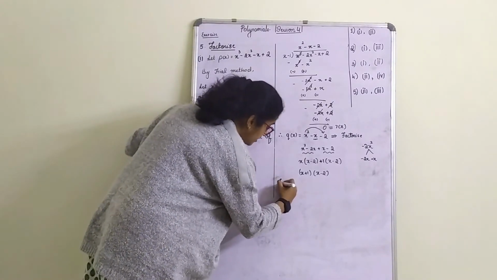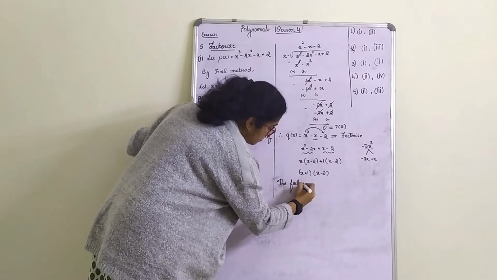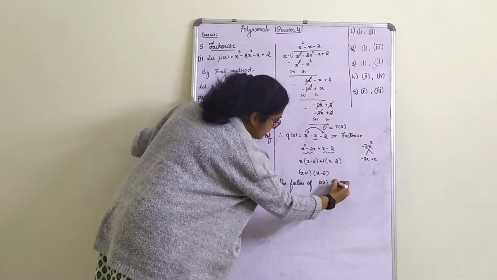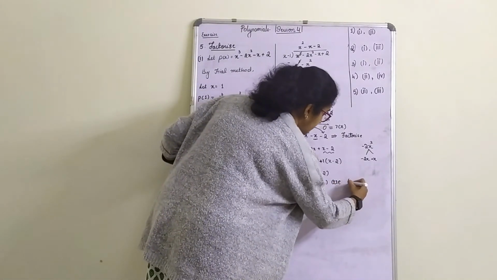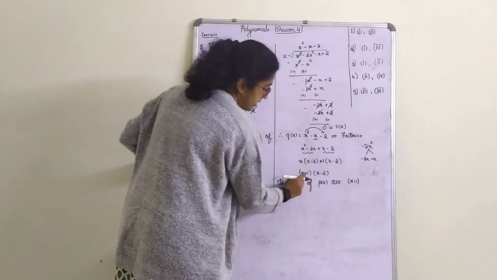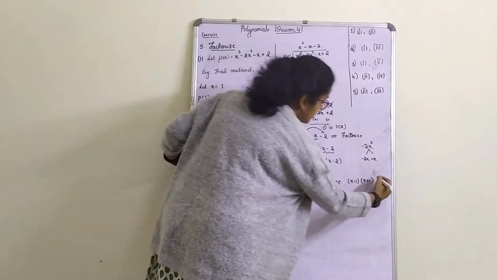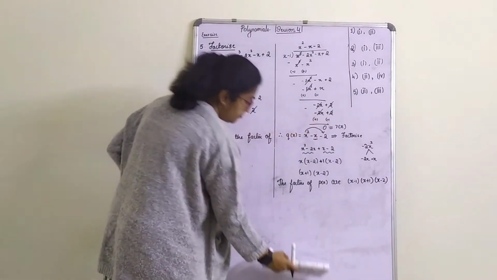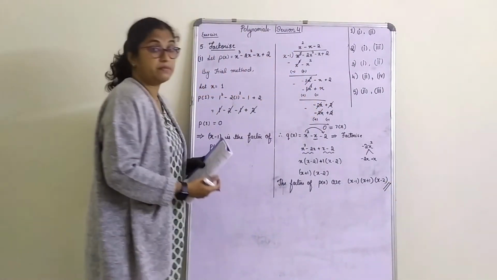The factors of p of x are, first x minus 1, next x plus 1 and the last x minus 2, right? So these are the factors of the given polynomial.